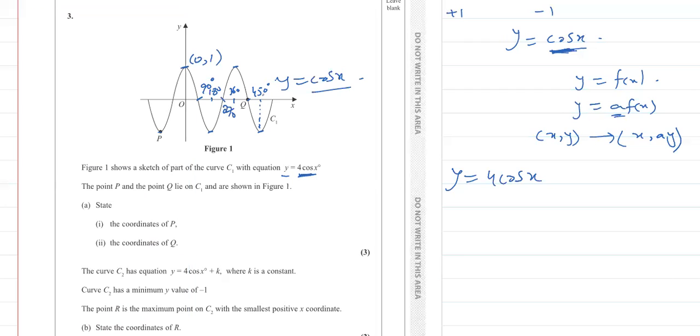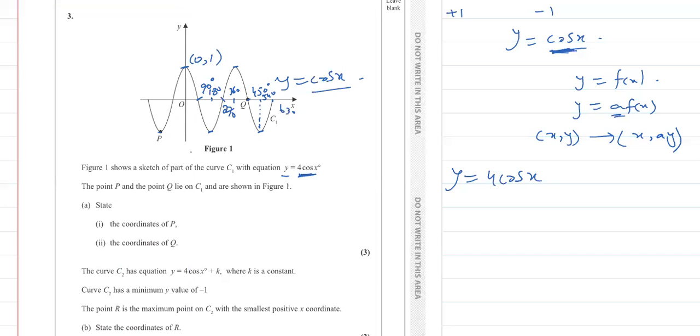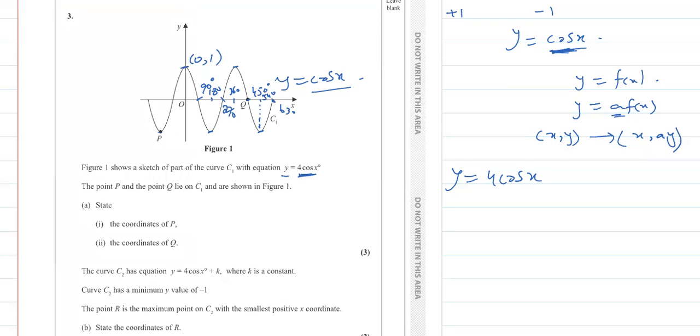Then this one will be 90 more, 630. If my calculations are correct, let me recheck all these: 90, plus 90 more 180, plus 90 more 270, plus 90 more 360, plus 90 more 450, plus 90 more 540, plus 90 more 630. Okay, so this value is 630.